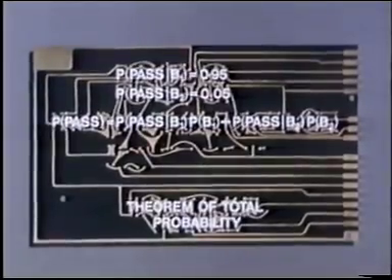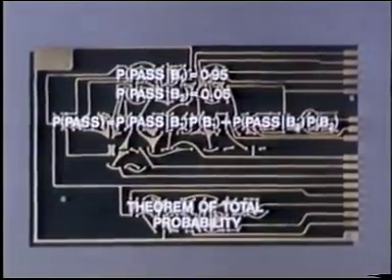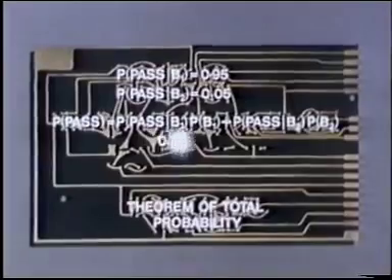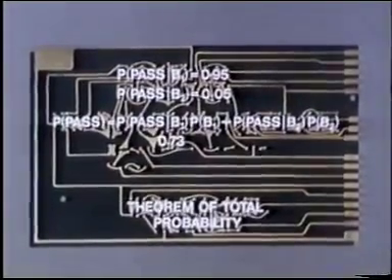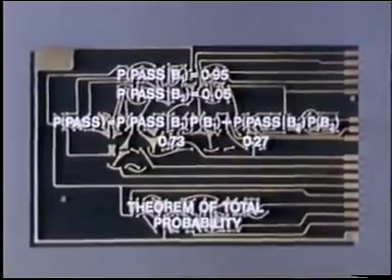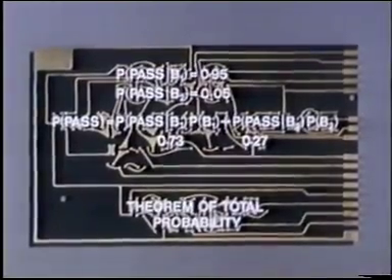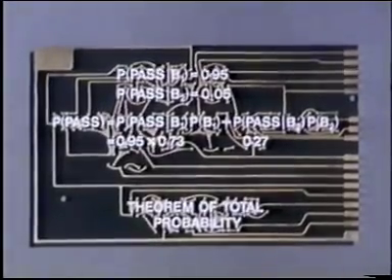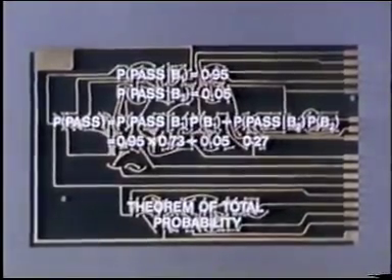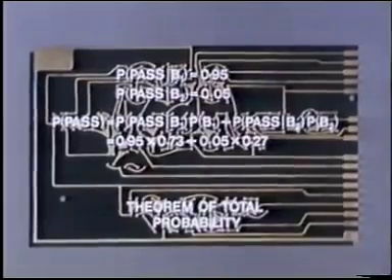We know the probability of B1. That's the probability that the board is OK, 0.73. And we know the probability of B2. That's 0.27. So the probability that it passes is 0.95 times 0.73 plus 0.05 times 0.27.